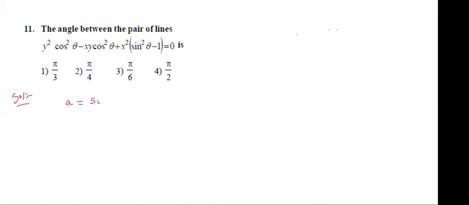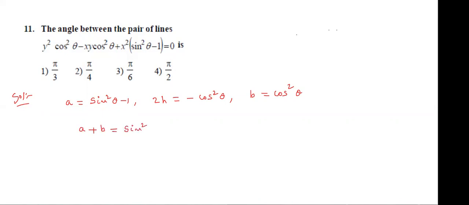The x square coefficient, sine square theta minus 1. 2h, that is the xy coefficient, minus cos square theta. Then b, the y square coefficient, is cos square theta. Here observe whether the a plus b value gets 0 or not, verify. a plus b, what is a?